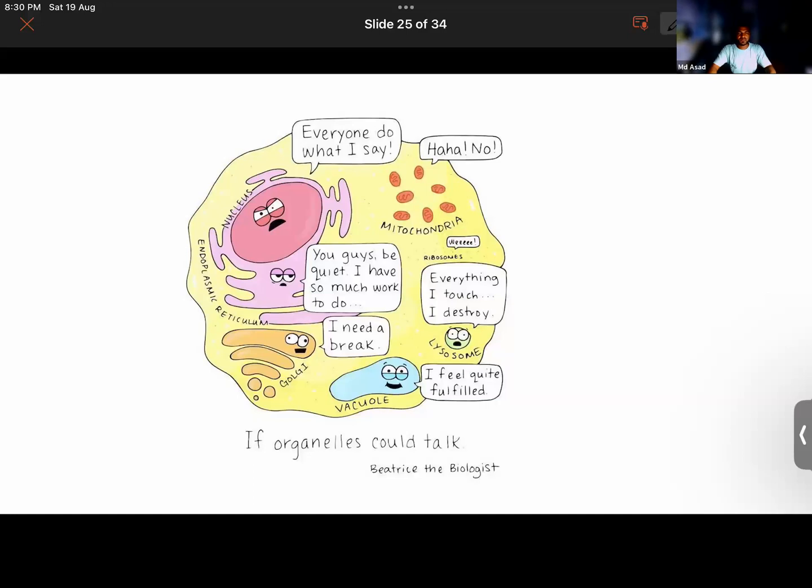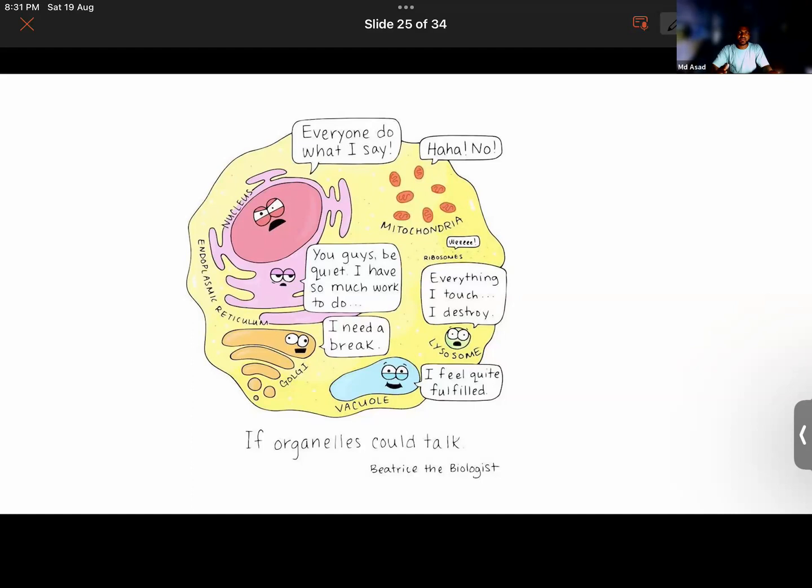Then this Golgi apparatus is saying that I need a break. It also has some functions: it takes up the protein created by the ribosome, modifies it, and makes it better and bigger. So this is also busy here. Lysosome, we will be discussing in the next class. Here it says that everything I touch, I destroy.